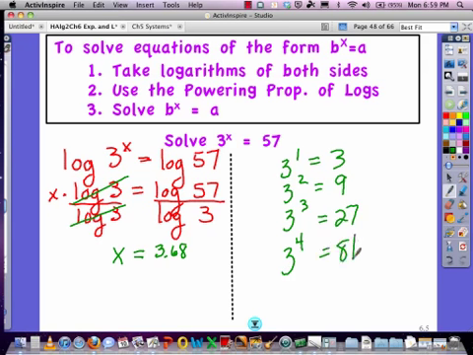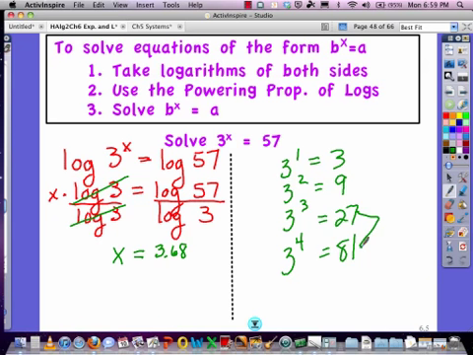And you know that 57 falls somewhere in this range, which means it falls in between a power of 3 and a power of 4. So by trial and error, we can see, yeah, this does work, but we'd rather have that more exact answer, which is what we got when we did our division.